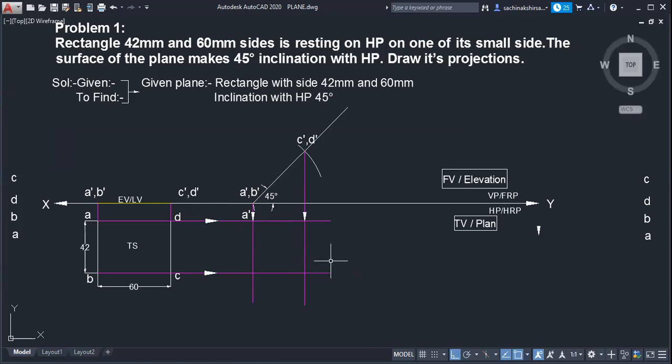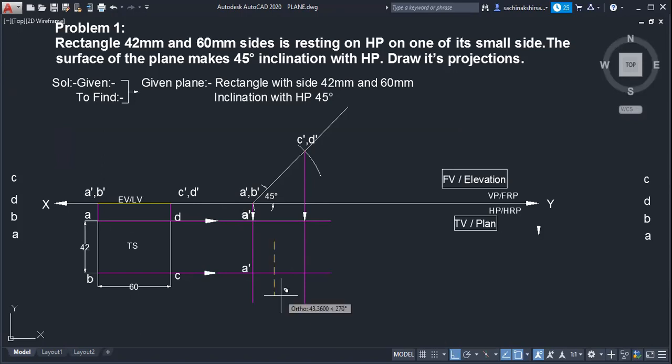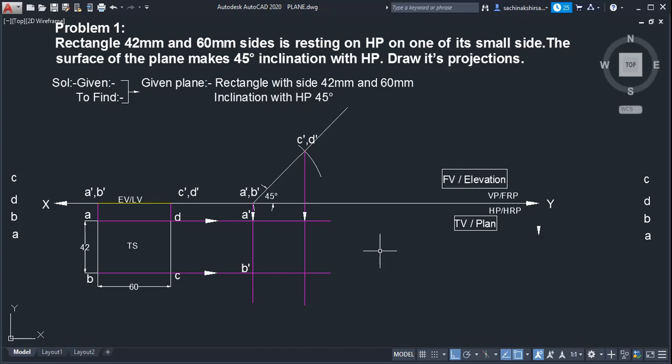Yes, sir. Similarly, B dash, I want to locate B dash. It will be the intersection of the horizontal projection line of B from the true shape and the vertical projection line of B dash. So here there will be point B dash. Similarly, C dash: the horizontal projection line of point C from the true shape and the vertical projection line of C dash.